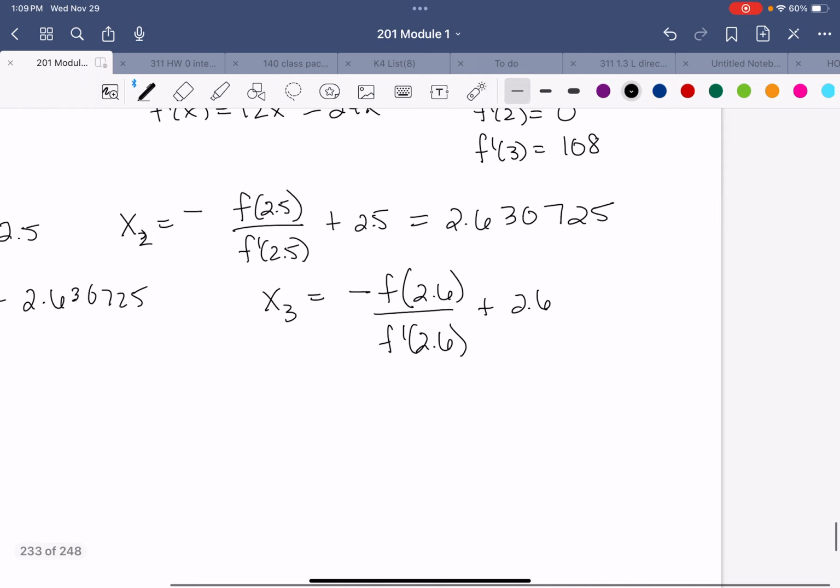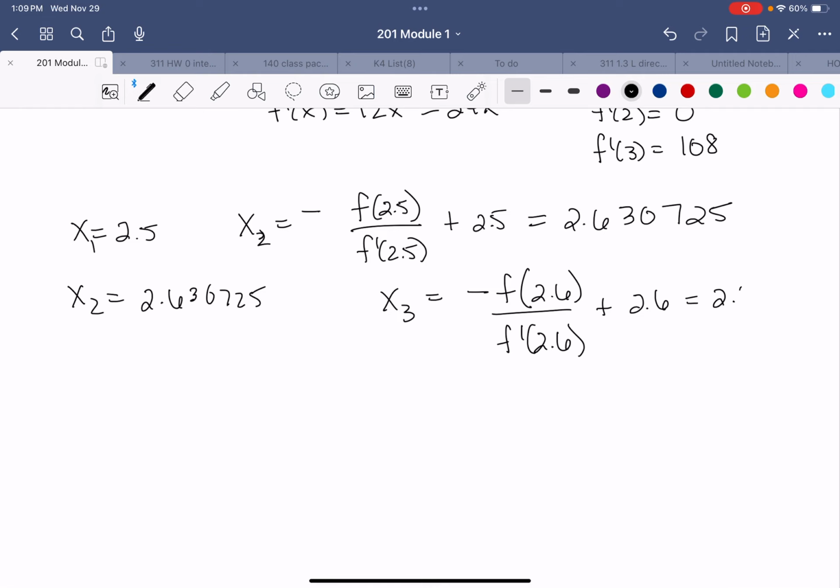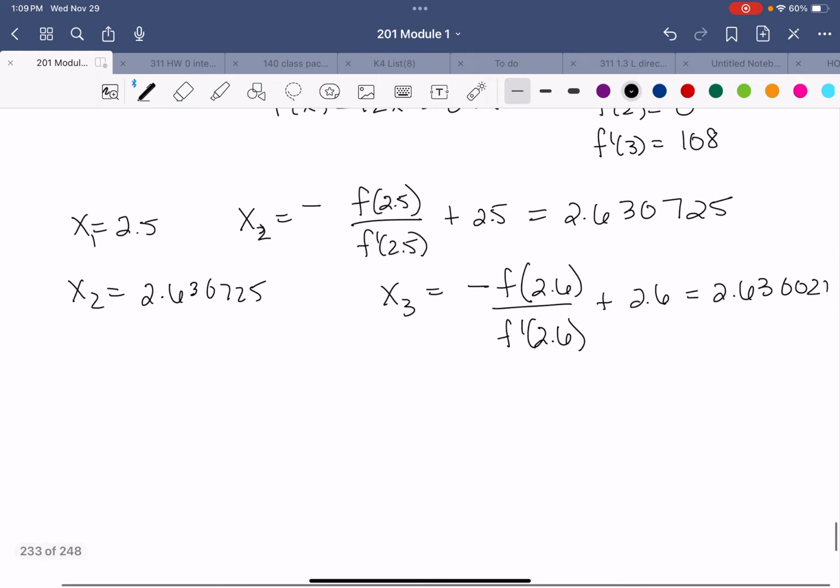So this value is 2.630021, if I'm rounding it. Now notice that we've got the same first 3 digits after the decimal place, so that means we are correct to 3 decimal places. So x3 is 2.630021.